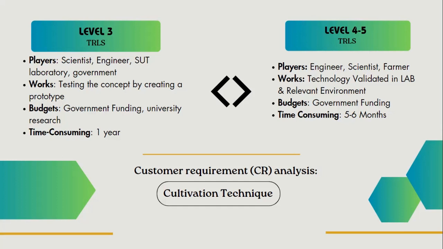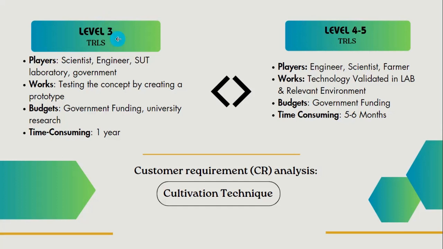For levels 4 and 5, there are three players: engineers, scientists, and farmers. Our work here is to validate our prototype in the lab and also with the farmers, who are our targeted customers. The budget comes from the government, within a time of about half a year.